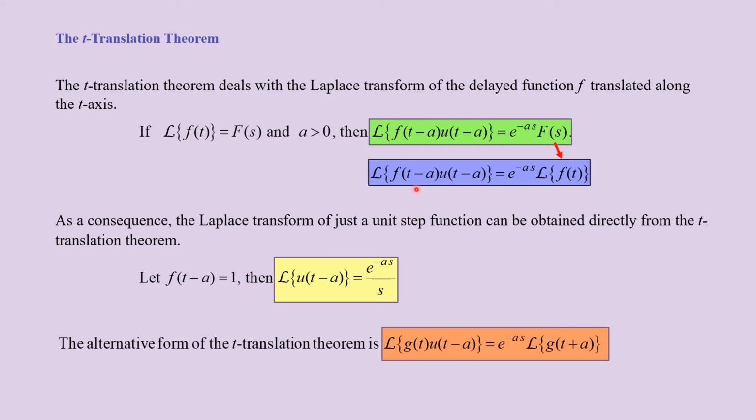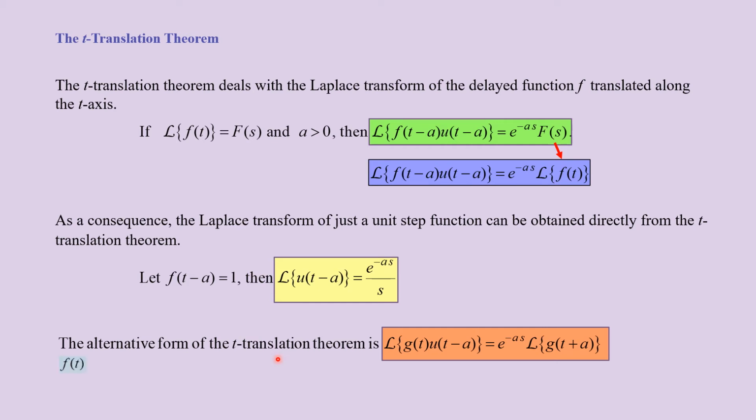If we let f(t − a) equal 1, then the Laplace transform of 1 multiplied by u(t − a), or the Laplace transform of u(t − a), is equal to e^(−as) times the Laplace transform of 1. But the Laplace transform of 1 is 1/s, and therefore the result is e^(−as)/s.